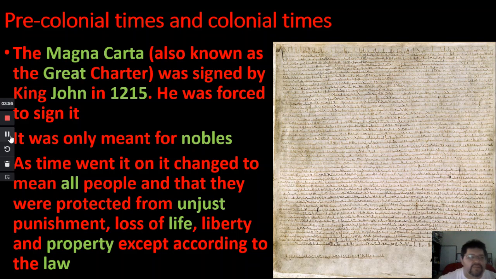You can't just kill somebody because he owed you $5. And freedom and property, you can't lose it unless you broke a law. That was big because now there are laws protecting people and limiting the king's hold.